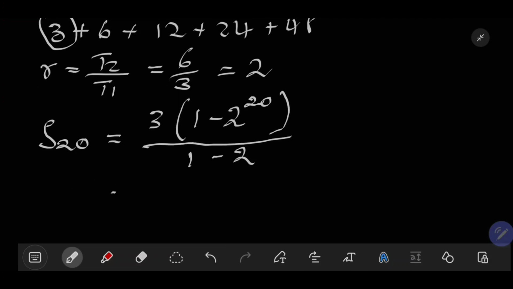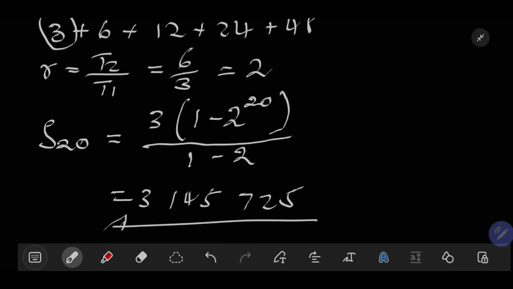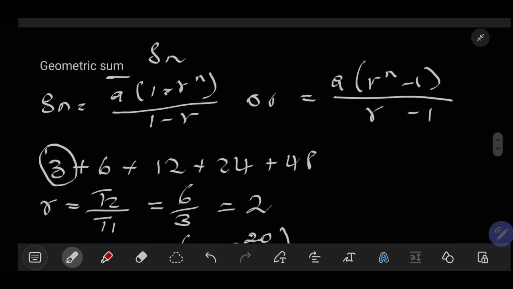When we press our calculator, we should get an answer of 3,145,725, something like this. So this is the sum of the first 20 terms of this pattern.